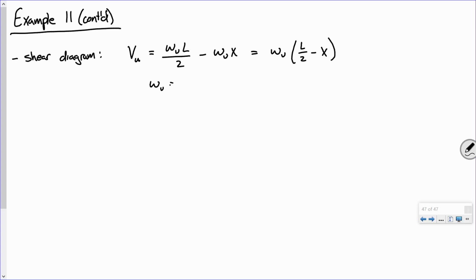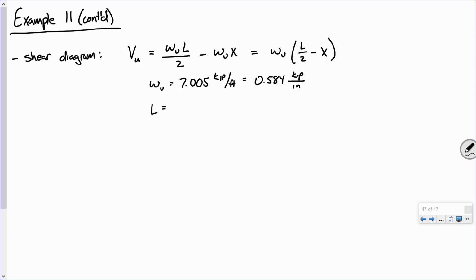W sub U is, what is it? It's 7.005 kips per foot. And then, what's that divided by 12? Somebody divide that by 12 for me. Kips per inch.